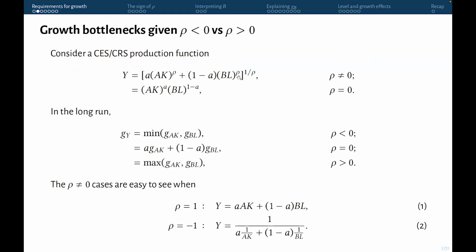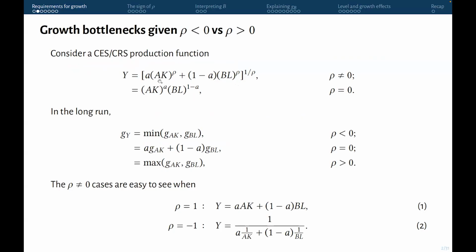It doesn't really matter. We can just look at the production function here. If rho is negative, then with BL growing and K not growing so fast, or dividing through by L, with B growing and K over L not growing so fast, this B to a negative power goes to 0.